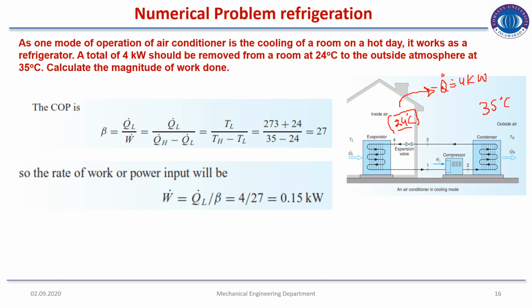So the coefficient of performance in the book is mentioned by beta. So beta is the desired effect divided by work input. So desired effect for refrigeration is the Q dot L. So I will briefly explain, we have two reservoirs TH and TL, that is a refrigeration system.